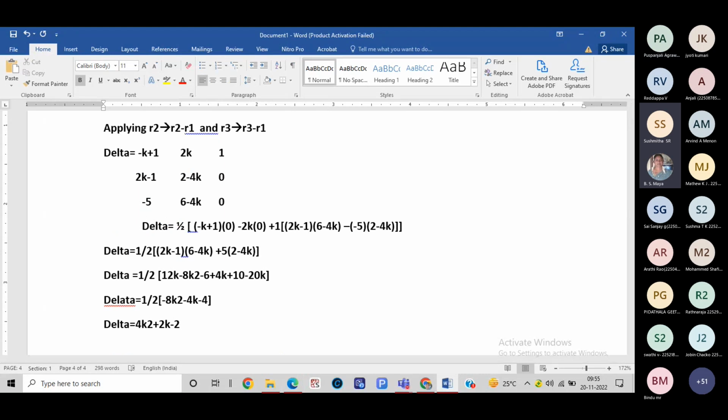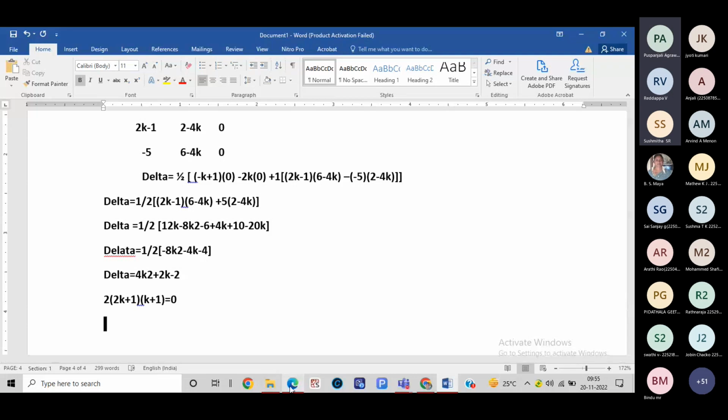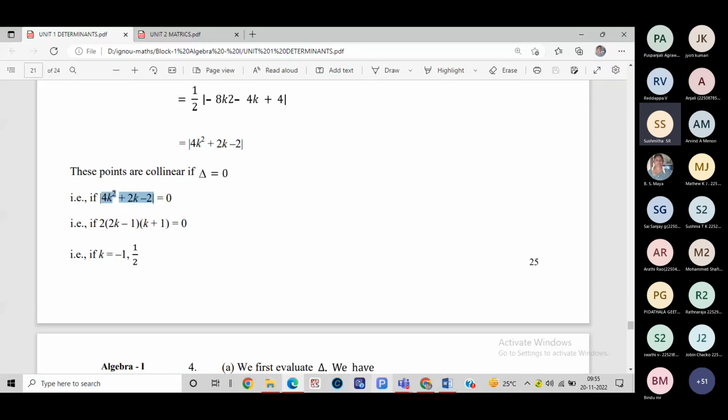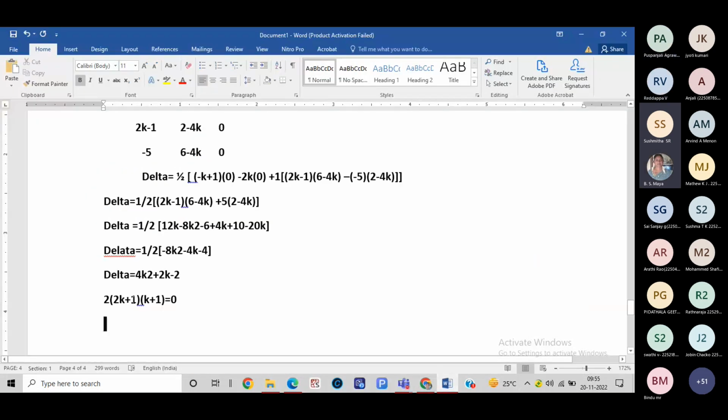Take 2 as a common factor: 2k minus 1, multiplied by k plus 1. Multiply it out. 2 into 2 is 4k, minus 2 ones are 2. Just for your reference, I am doing this one.